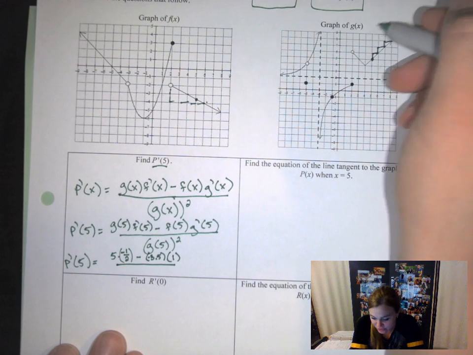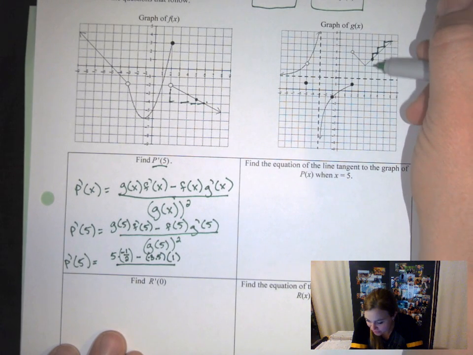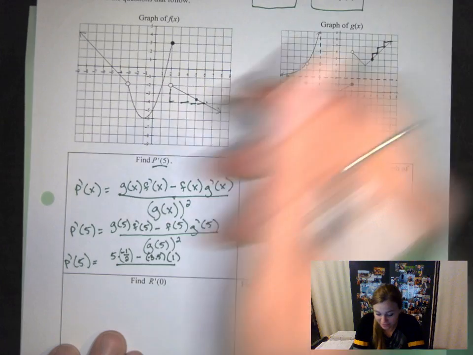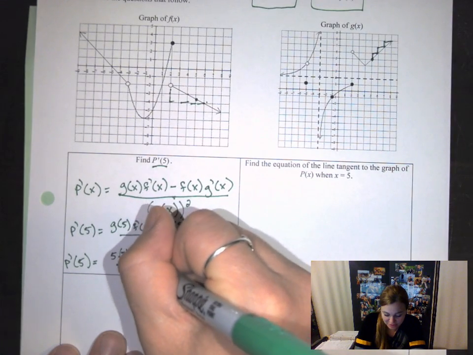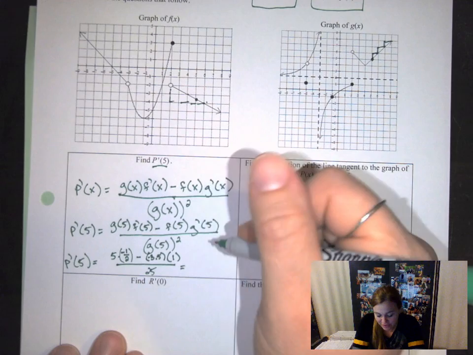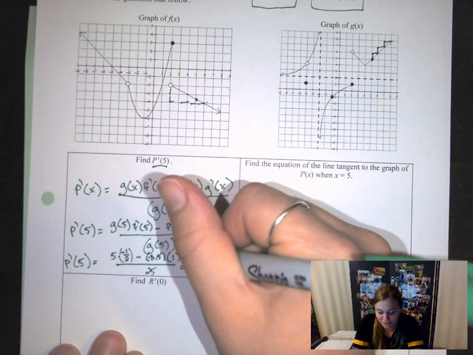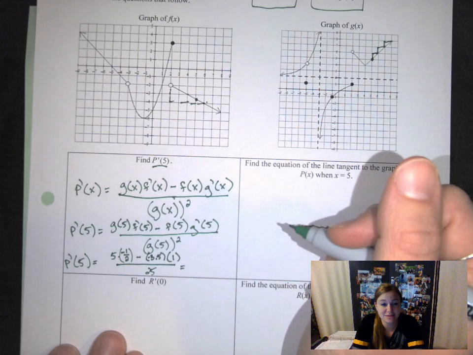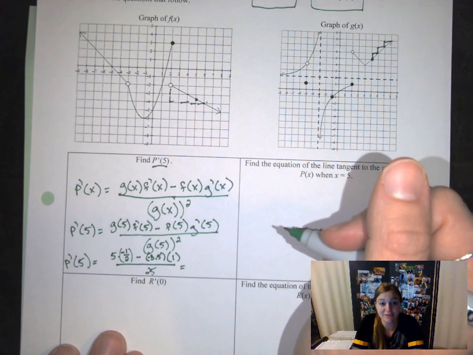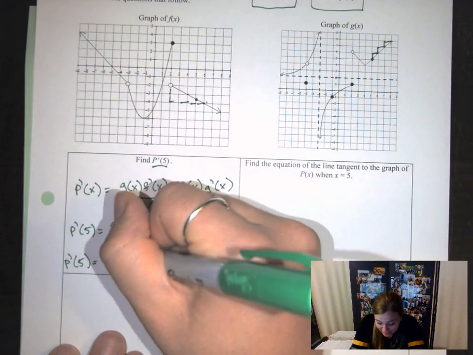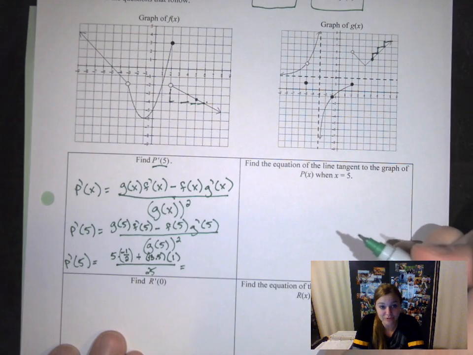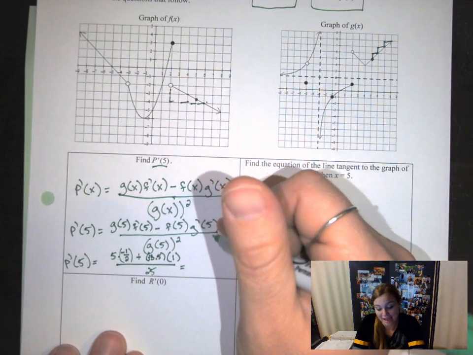G of x at 5 is 5. So then I square it and get 25. If I do a little bit more work, I would get negative 5 over 2, which is negative 2.5, minus a negative, so plus 3.5, which would be 1.5.